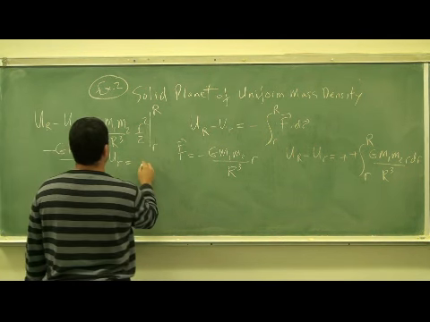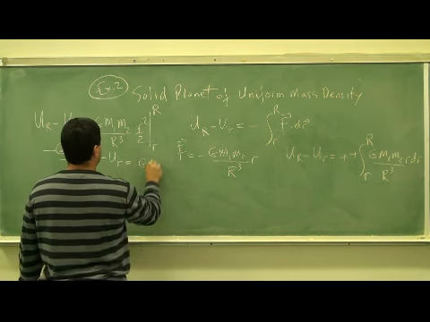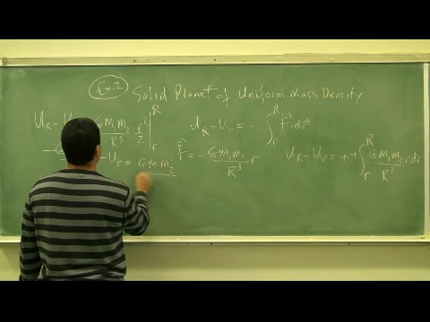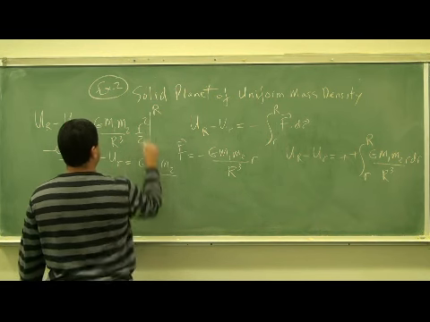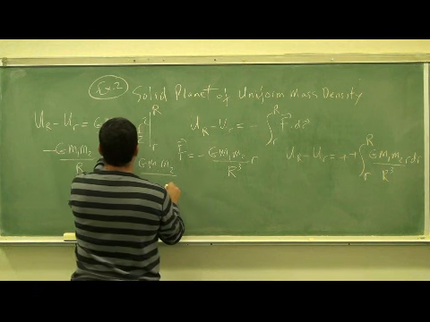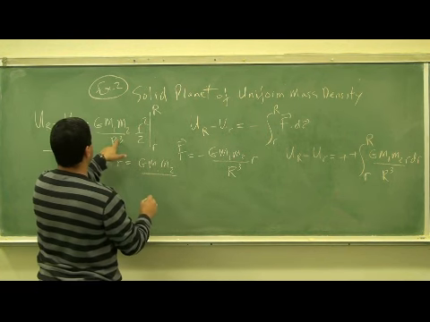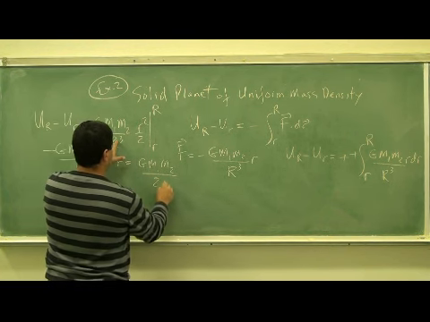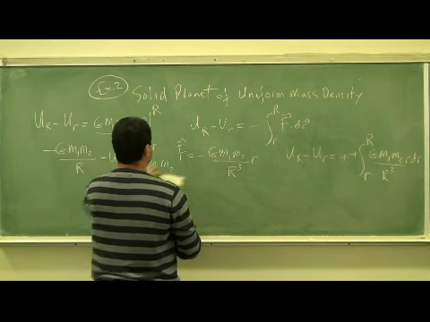Then I put this in, you have G m1 m2 over R cubed, and I put in the big R squared, which is going to cancel with this. I'm going to end up with 2R.